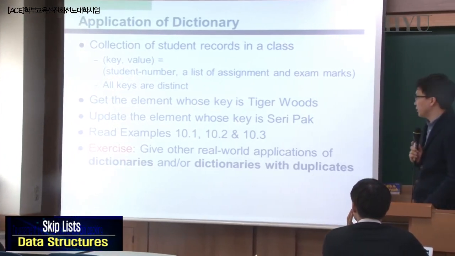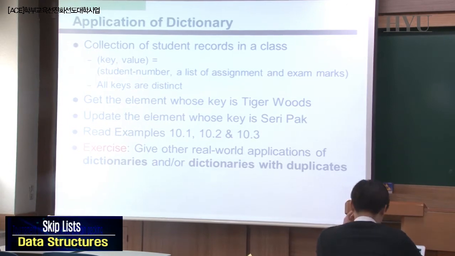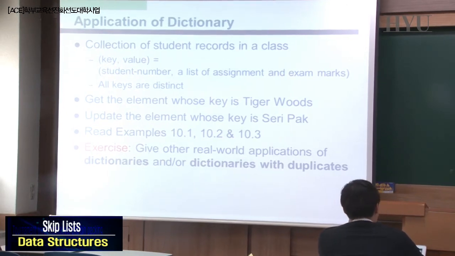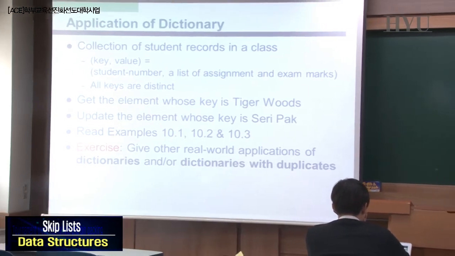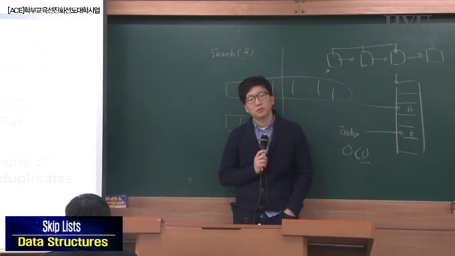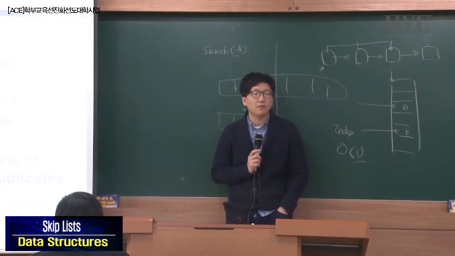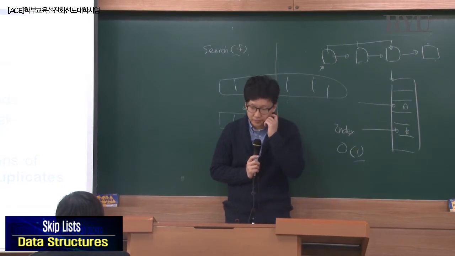Exercise: give a real-world application of dictionary and dictionaries with duplicates. We know all this. They already gave the English dictionary with a single key with multiple meanings. That's one example. Other examples: pretty much everything can have a dictionary itself.